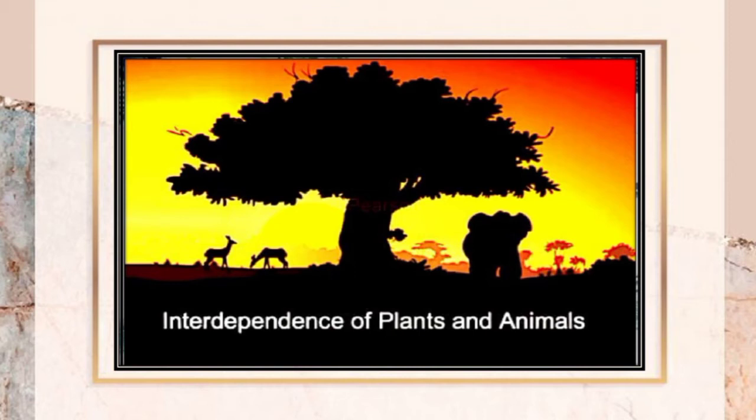So besides, plants also give out oxygen, which is needed by animals as well as human beings to breathe. And animals in return give out carbon dioxide. Even human beings give out carbon dioxide, which is needed by the plants for photosynthesis.